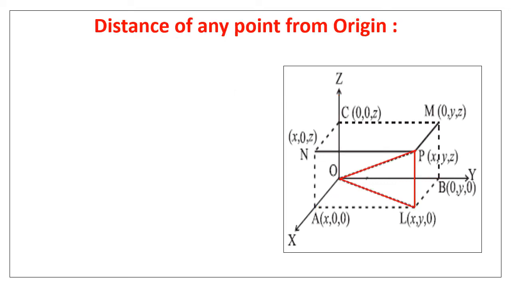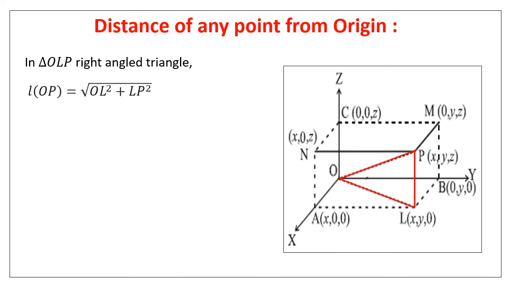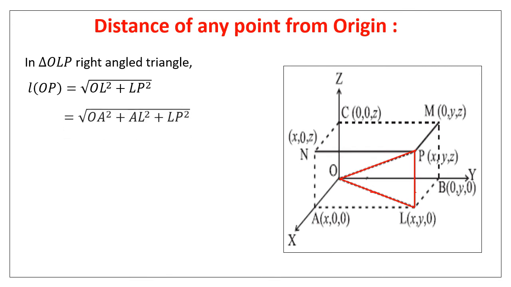Distance of any point from origin. Look at the diagram, student. In triangle OLP, which is a right angle triangle, length OP equals under root OL square plus LP square. Now OL square is nothing but OA square plus AL square.